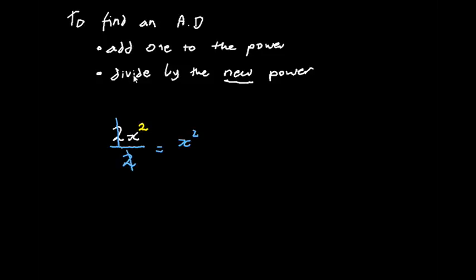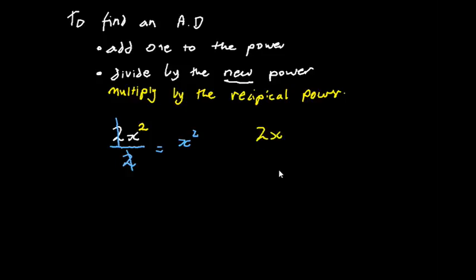Alternatively, sometimes it gets confusing by dividing. You can also think about it as multiplying by the reciprocal. So instead of dividing by 2, I had 2x, add 1 to the power, that doesn't change.